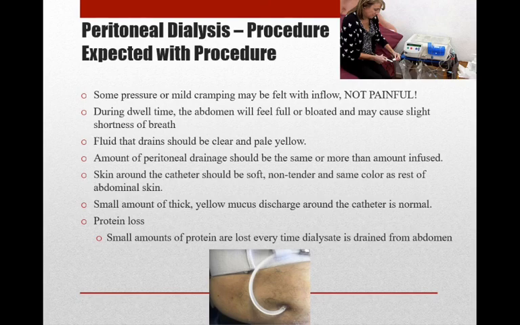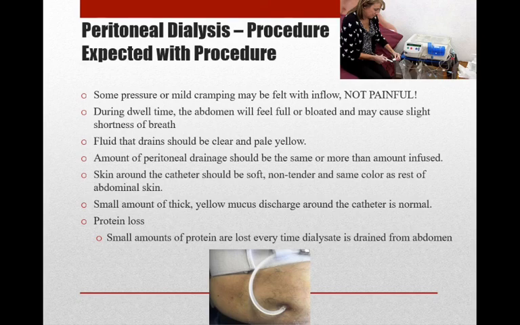During the dwell time, the abdomen's going to feel full, bloated, with slight shortness of breath if your abdomen is so full that it pushes up on your diaphragm. Again, it should not cause pain. We expect that the fluid that drains out should be clear to pale yellow, just like the regular urine that we want. The amount of drainage coming out of the abdomen should be the same or more than the amount infused. Remember, we're pulling fluids into our abdomen.